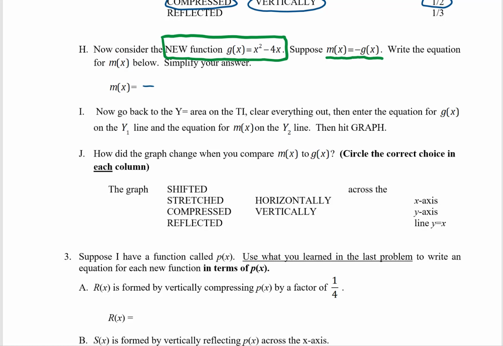So the negative of x squared minus 4x, when I distribute that negative sign, I'm going to end up with negative x squared and then plus 4x. I'm going to put those two functions, that g of x function and the m of x function, into the calculator, and then we'll compare the two graphs.